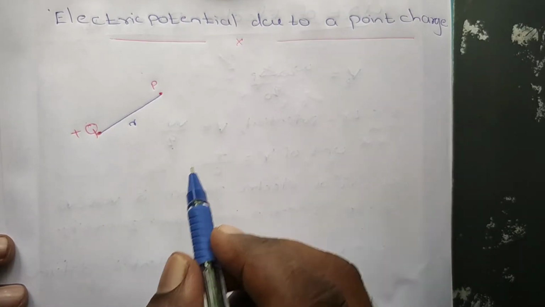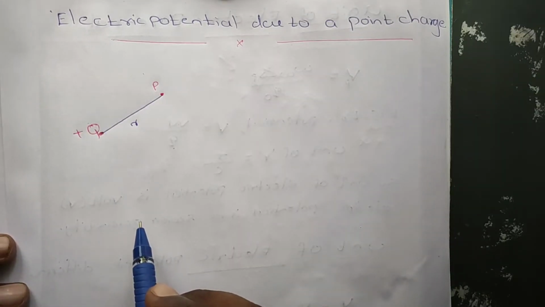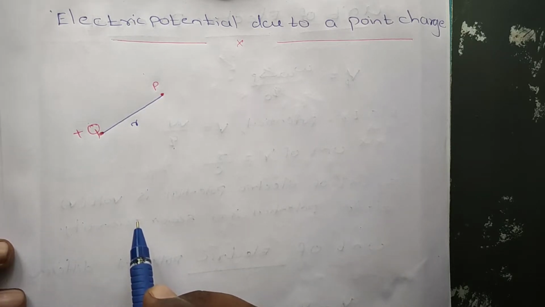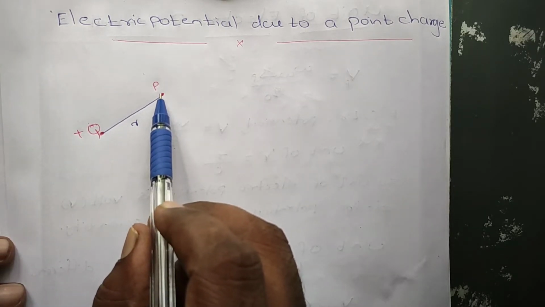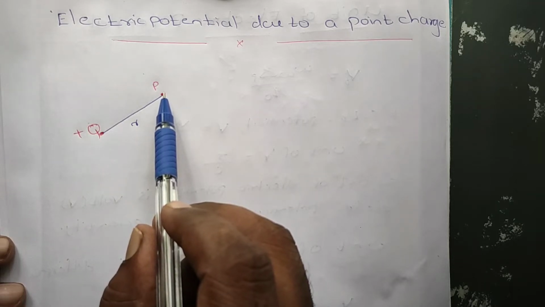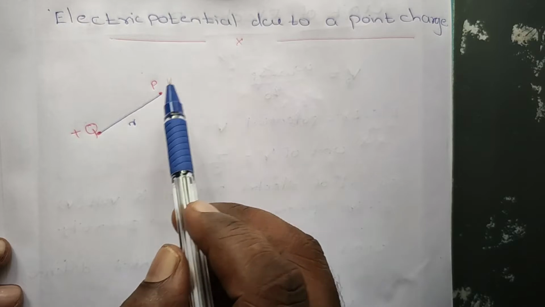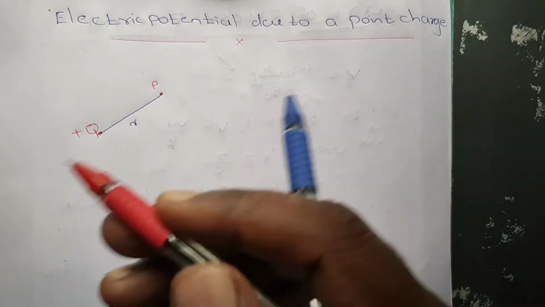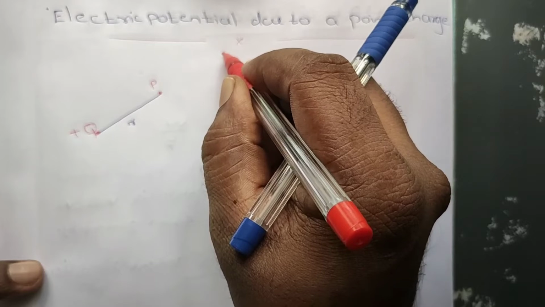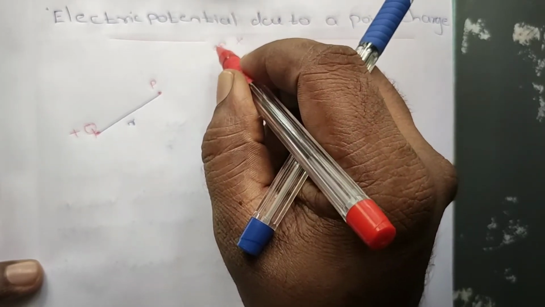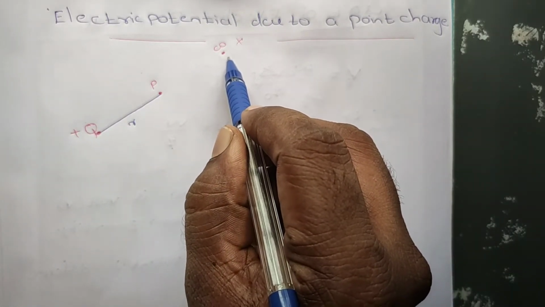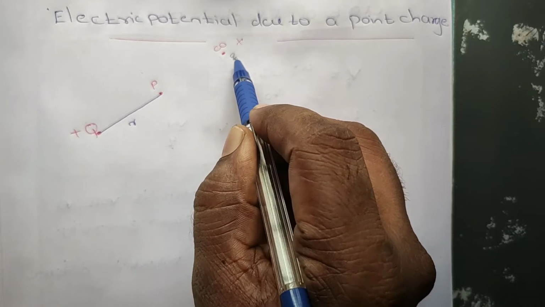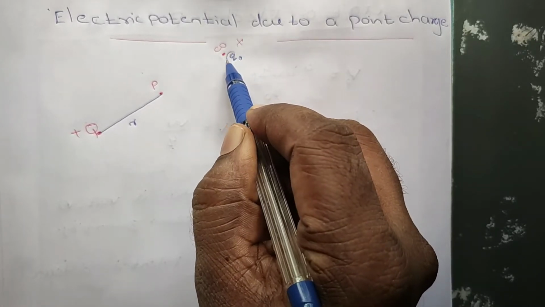Electric potential means it is the amount of work done to bring a unit positive charge from infinity to this point. So if we need to find the electric potential at this point P, we need to calculate the work done to bring a unit positive charge from infinity to this point. Clear? Okay. So I consider this as my point of infinity, and instead of bringing a unit positive charge, I denote it as Q naught.